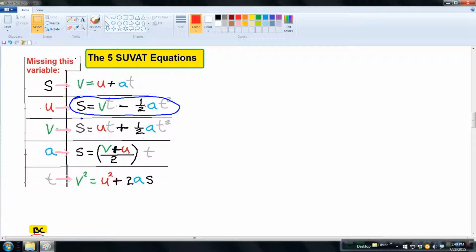It's very similar to the third kinematic equation. The only difference is one's plus and one's minus, and the second one has final velocity while the third one has initial velocity, but they're almost identical.